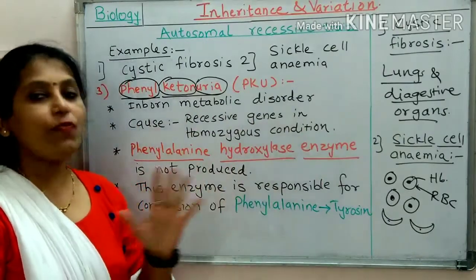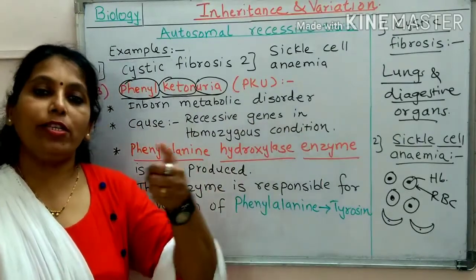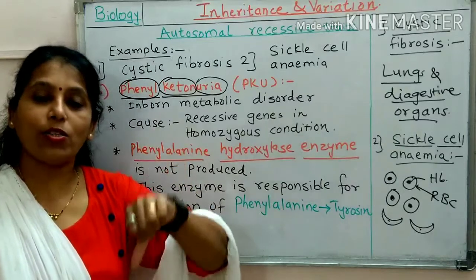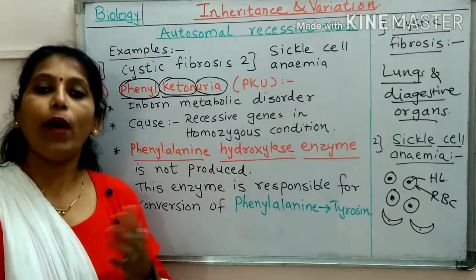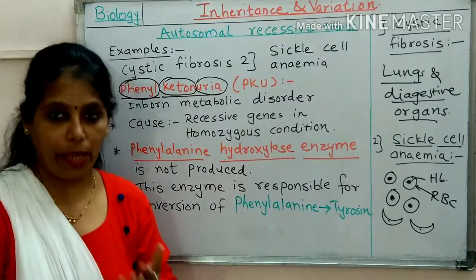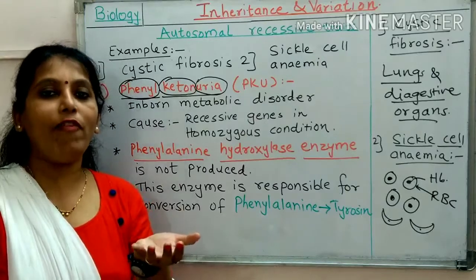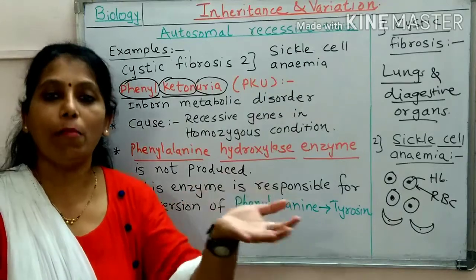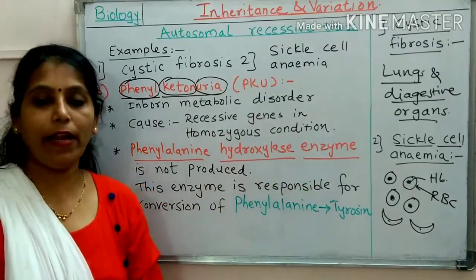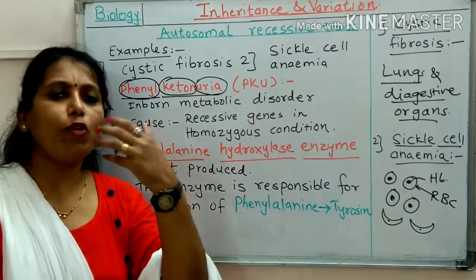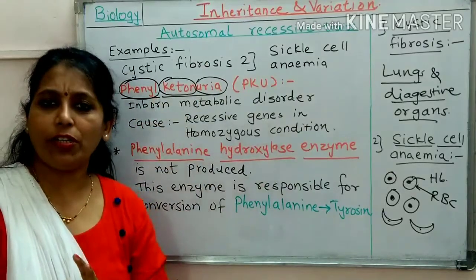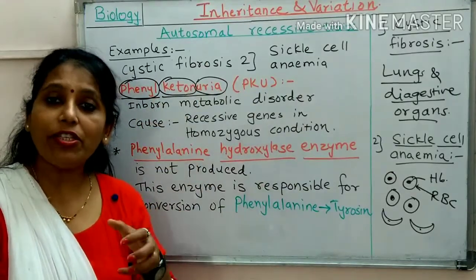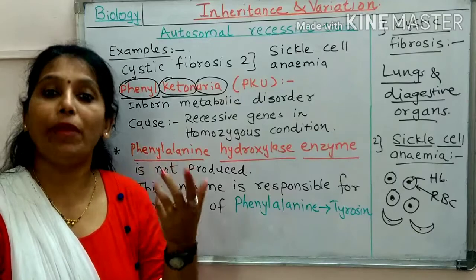Now, as we know, there are two types of gene. One is called dominant gene. One is called recessive gene. Why is it called dominant? Because a dominant gene is always expressed, or you will get more of the characters. Correct? For example, we have normal vision. Many people have normal vision because normal vision is expressed by the dominant gene.